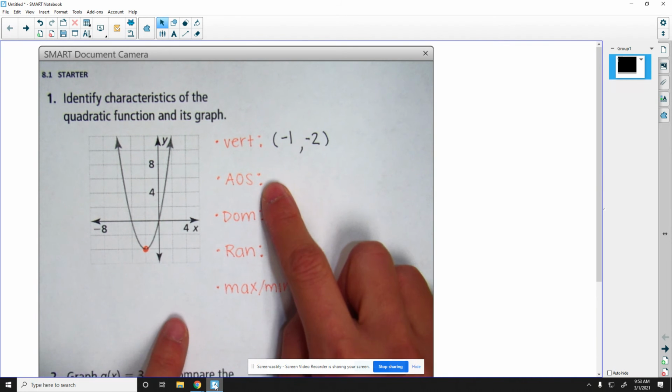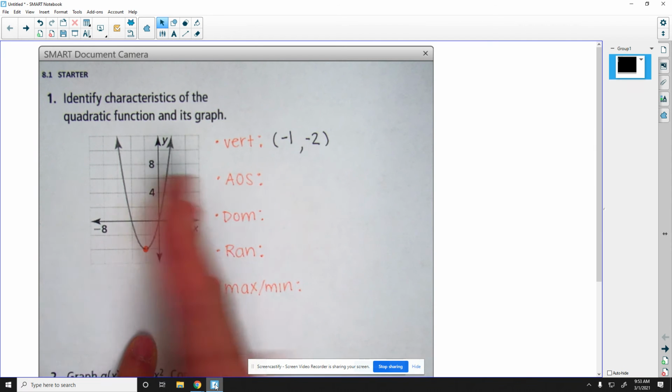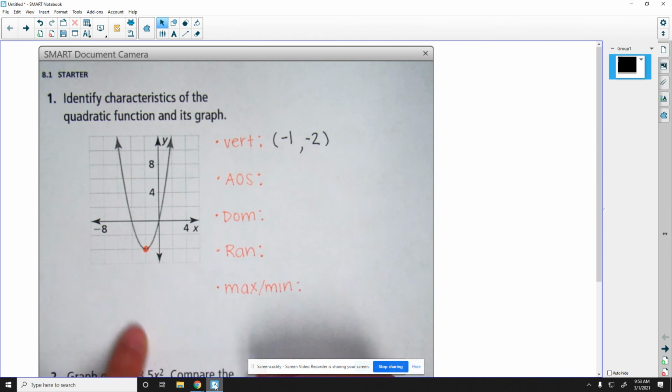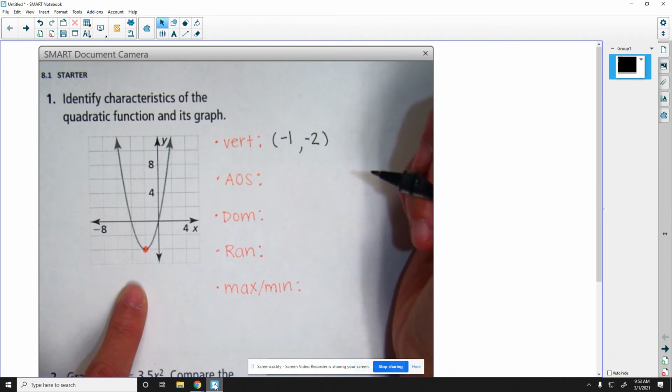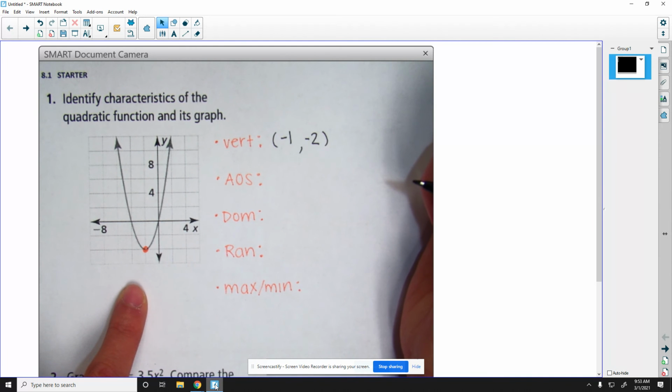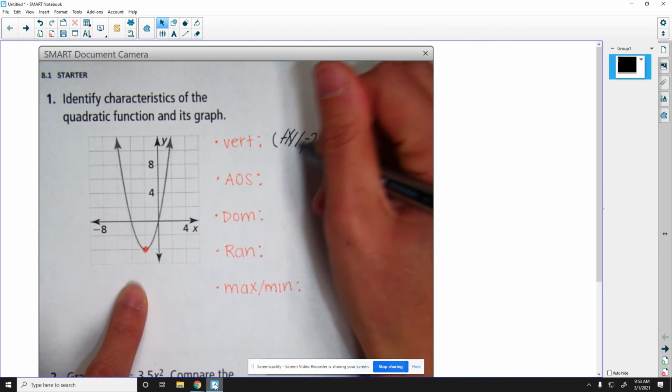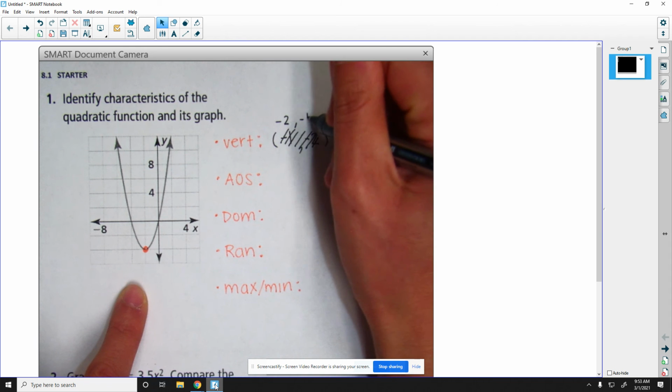Okay, your AOS. Your AOS is an imaginary line where if I were to fold the left side onto the right side, both sides would match each other. Melanie, what do you think? Oh my gosh, you are so good. Yes. Shouldn't it be -2, -4?